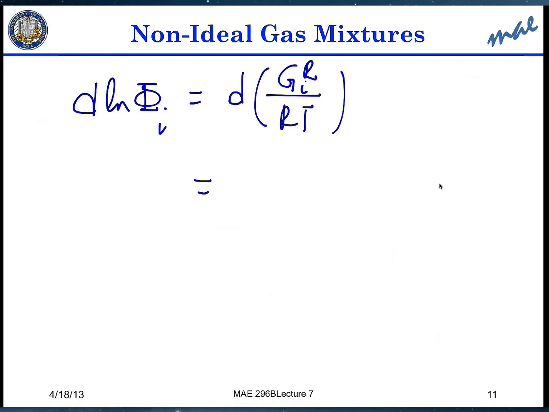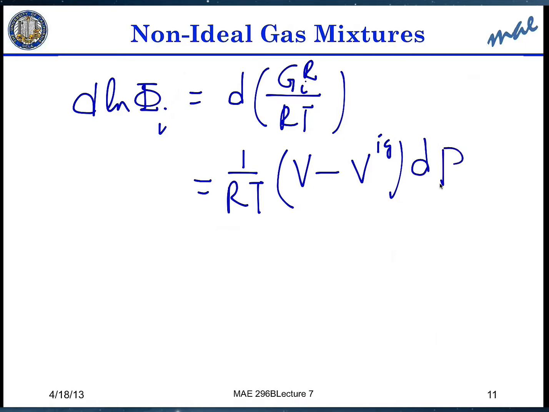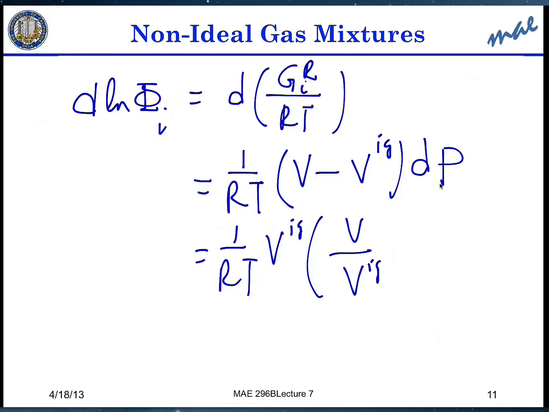And I can pull the RT out, and dg residual is basically VdP, but V minus V ideal gas times dP. And this will give me the V is, if I take the V ideal gas as a common factor, then I have V over V ideal gas minus 1 dP.